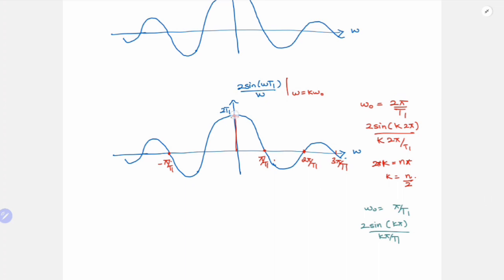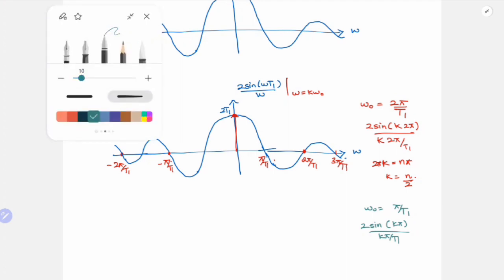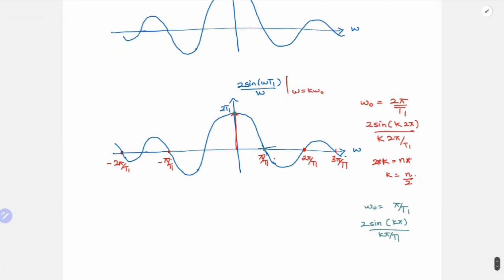For the previous value we had this sample, and here we will get the 2 pi by t1 sample as well. So these will be the AKs. For omega naught equal to pi by t1, it will be 0, pi by t1, 2 pi by t1, 3 pi by t1, everywhere, right? This is minus pi by t1, minus 2 pi by t1, minus 3 pi by t1.